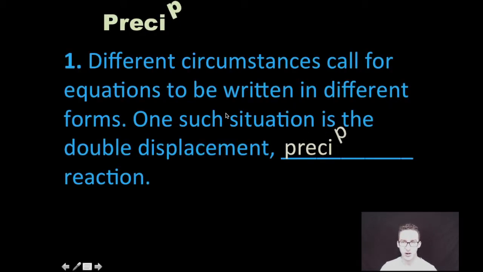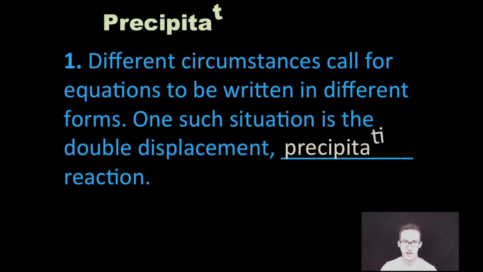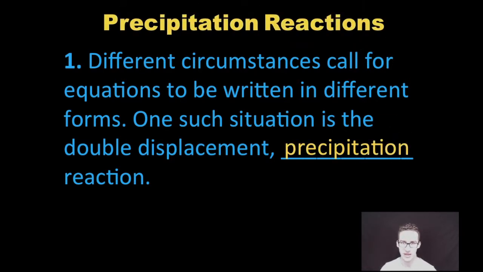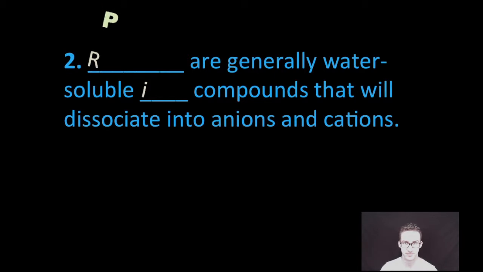So first things first, we're going to talk about those different types of reactions, the first of which is a precipitation reaction. And again, different circumstances are going to call for equations to be written in different forms. One such situation is where we've got this double replacement reaction in which a precipitate forms, which we call a precipitation reaction.